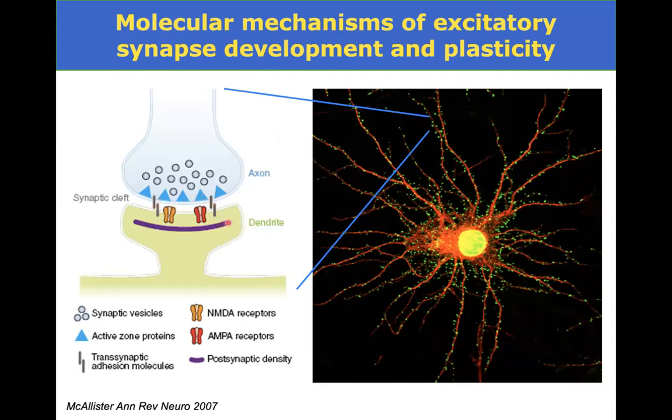There's also mutations known in proteins within the scaffold, this postsynaptic density structure, which is a scaffolding compartment that holds everything together. Some of the most prominent disease mutations in these disorders affect this scaffold and these connections.